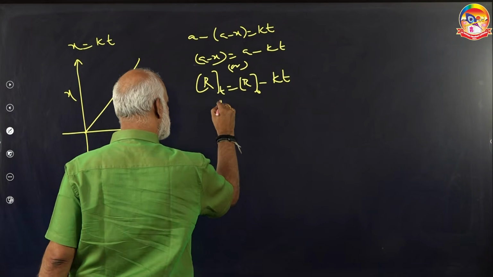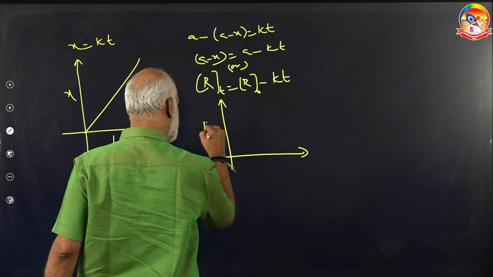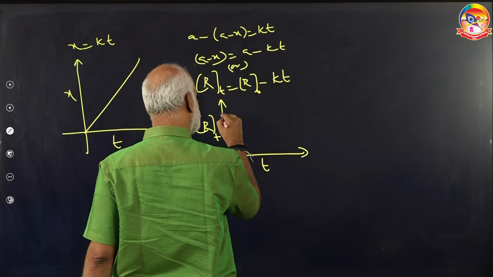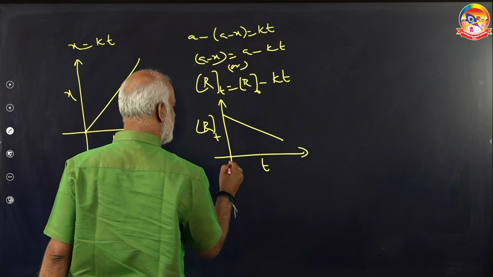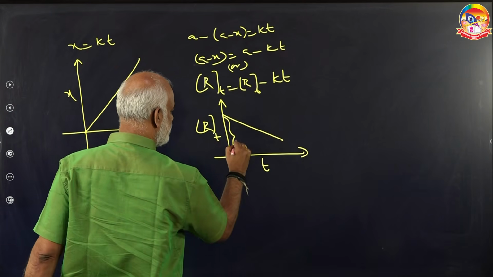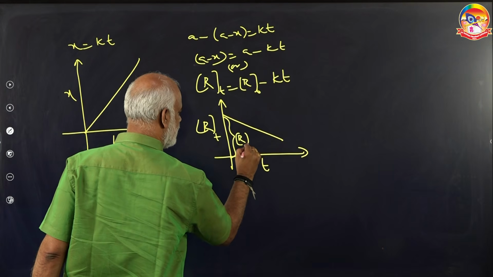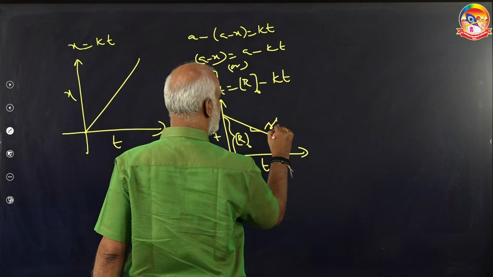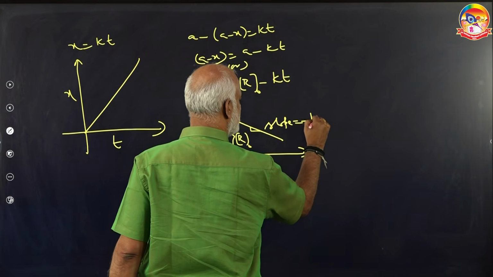Therefore, if you draw a graph of Rt versus t, you will get a straight line where the intercept is R naught and the slope comes out to be minus k.